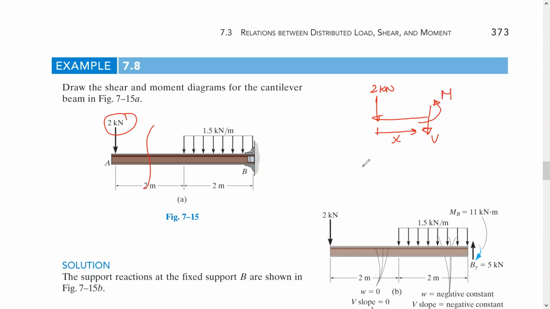So if we take the summation of Fy equals 0, assuming it's positive upward, we do have minus 2 kilonewton minus V equals 0. So V here is equal to minus 2 kilonewton.